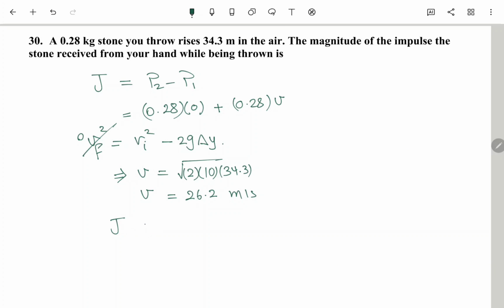Impulse after all will be equal to 0.28 times 26.2, and this one here is 0 because it's multiplied by 0, so it's equal to 7.3 Newton seconds, or kilogram meter per second. That's it.